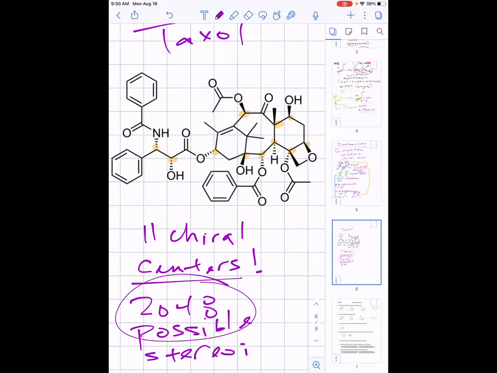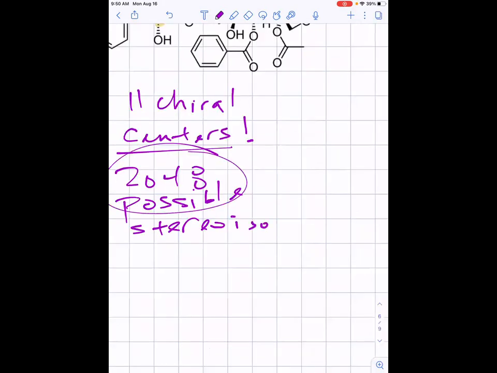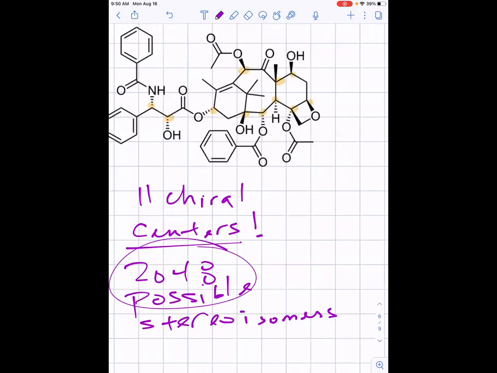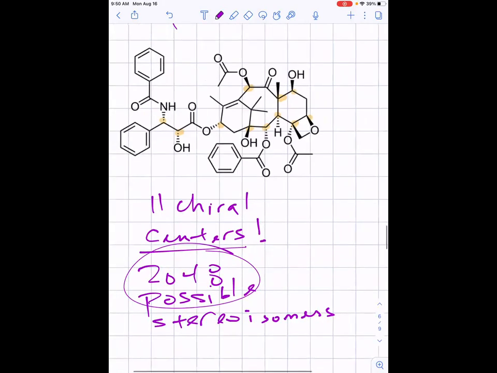All of these chiral centers have to be perfect. This is the only one that works against cancer cells, because that chirality causes it to fit into the right receptors. And when it fits into the right receptors, it's going to cause cell death like it's supposed to.